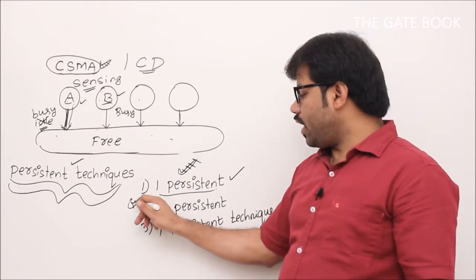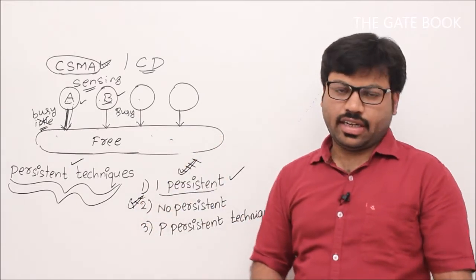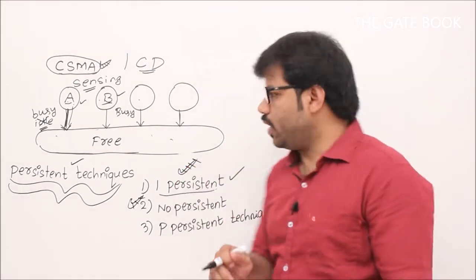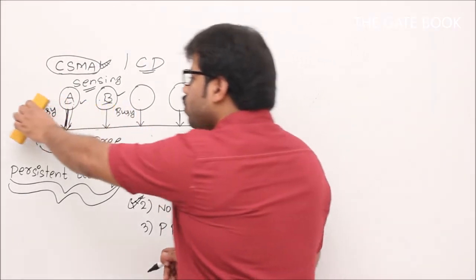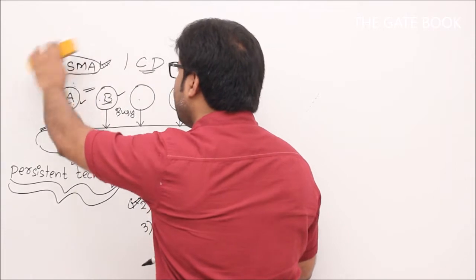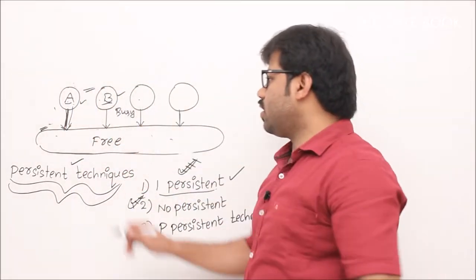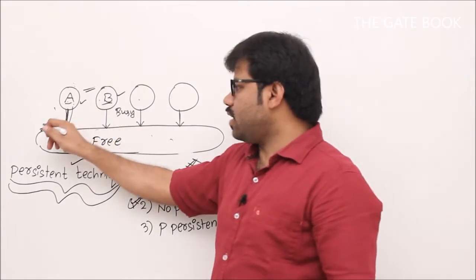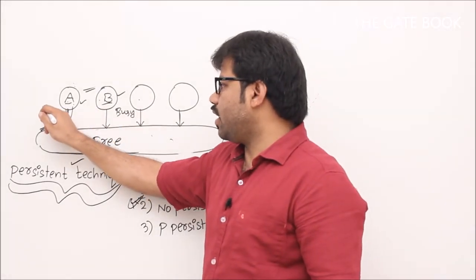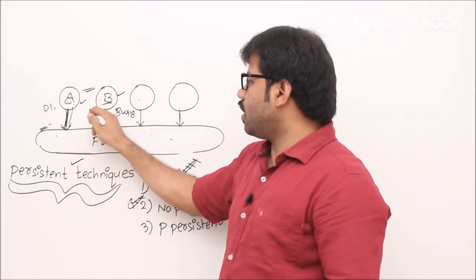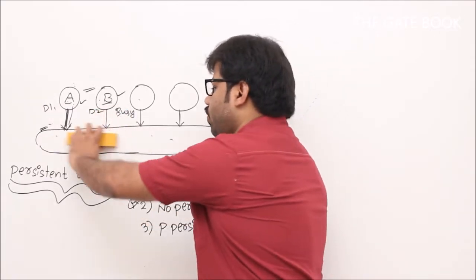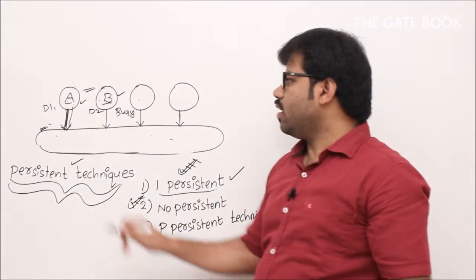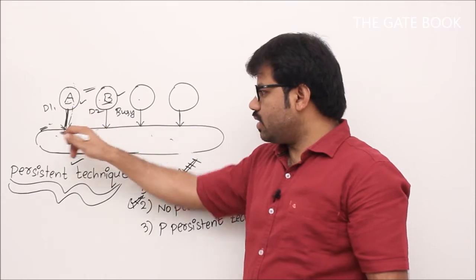That's why, to solve it, we have the no persistent technique. In the no persistent technique, rather than immediately sending, let me tell you what stations are going to do. Let's say station A has some data D1, and station B now has D2. In the no persistent technique, stations first sense the channel.